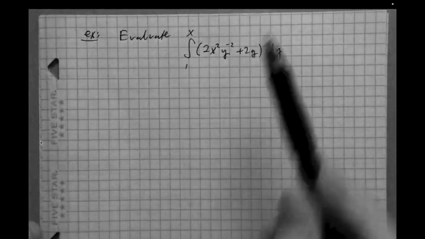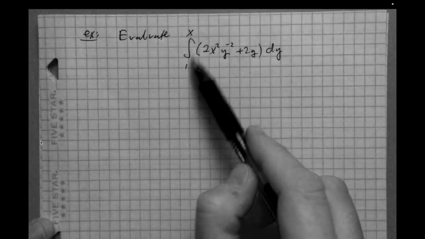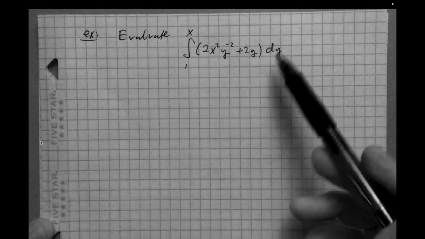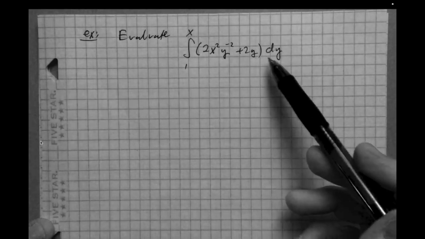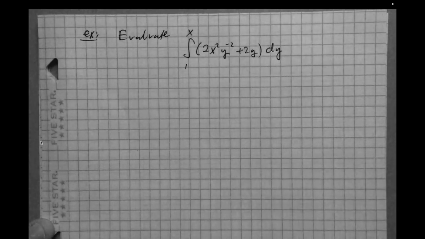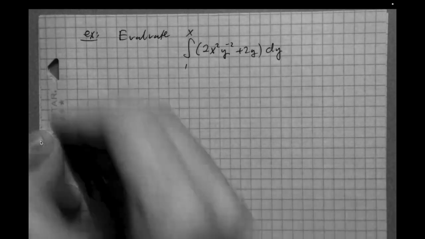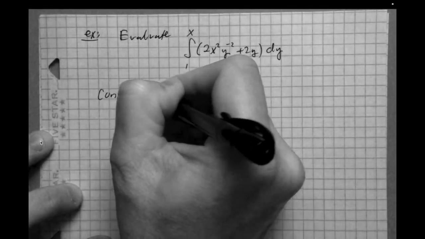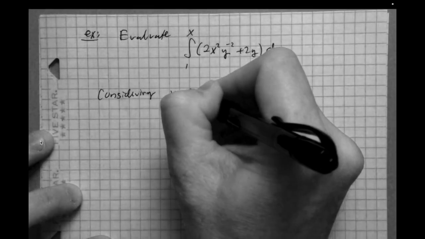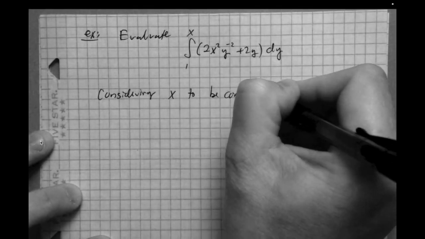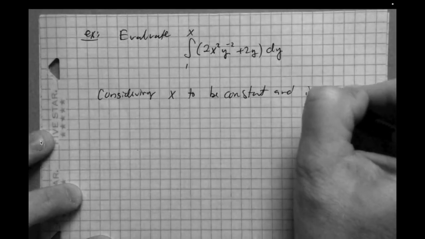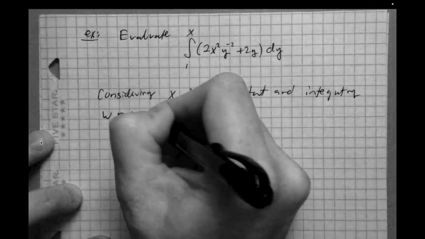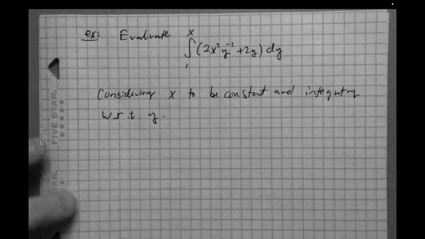Notice that I have a function of x in the upper limit here, but that's fine because I'm integrating with respect to y. Just to make this plain, we're considering x to be constant and integrating with respect to y.